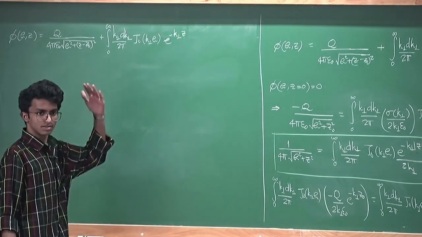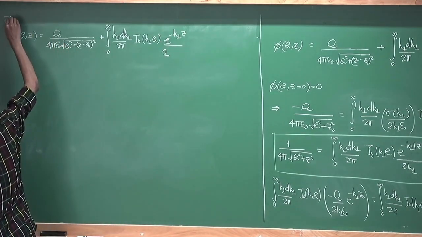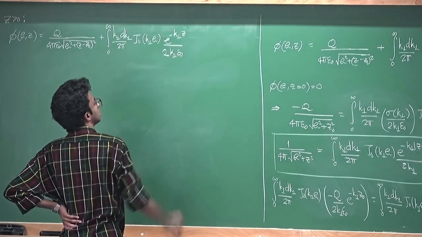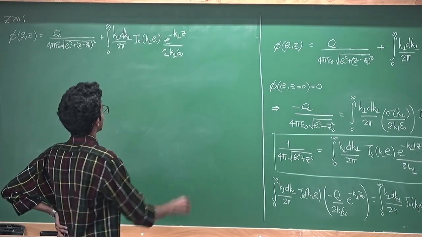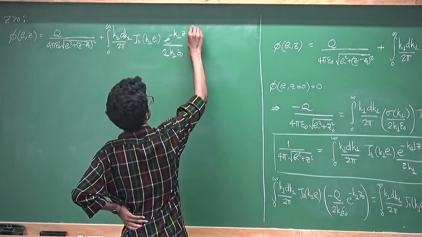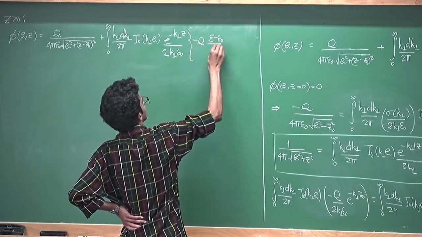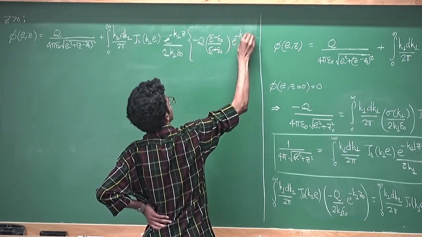Let's solve it in z greater than 0, over 2 k perpendicular epsilon naught. And then you get sigma of k perpendicular, but sigma of k perpendicular I just found, remember, is just minus Q epsilon minus epsilon naught by epsilon plus epsilon naught, e to the minus k perpendicular z naught.